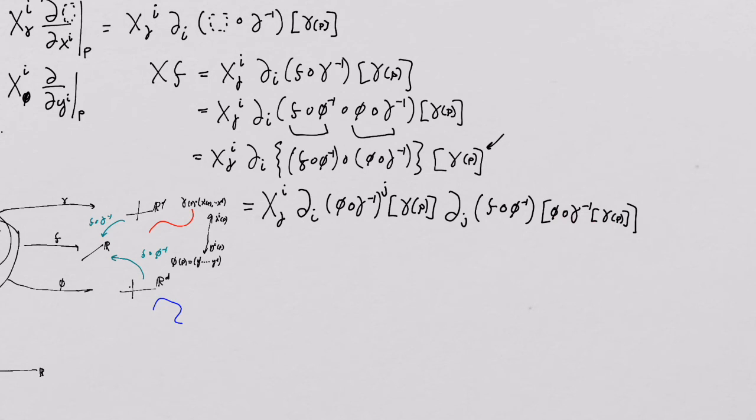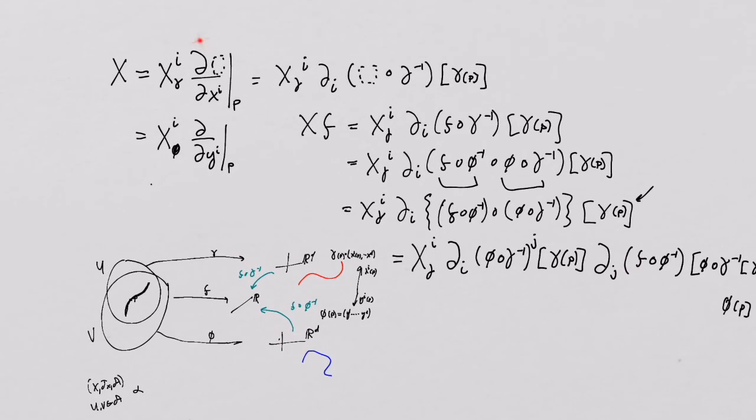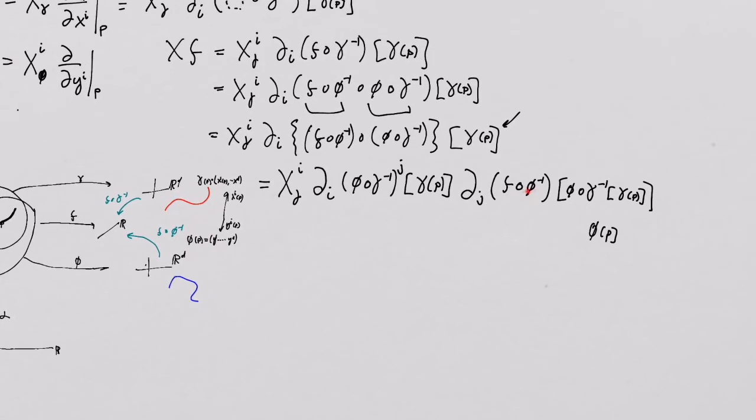So I can write that as φ(p). And then what's this? This is the definition of our simplified notation that we had here, but it's in terms of the y charts, because it's got the φ there, and we've defined φ in terms of the y charts.